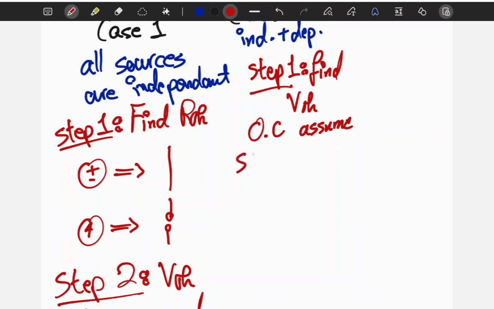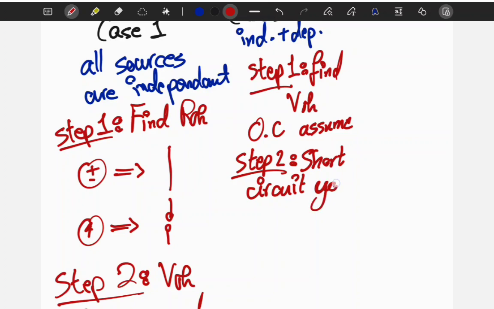Step 2. Short circuit your terminals and find I short circuit.